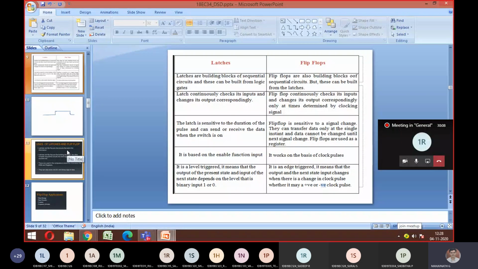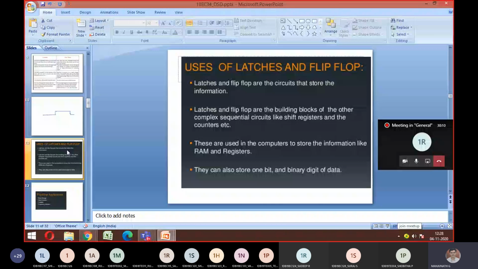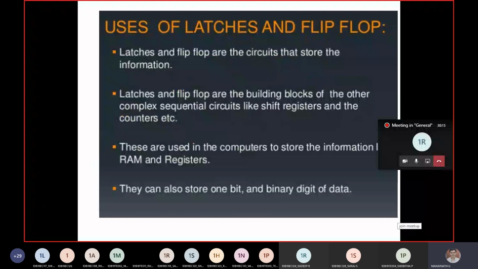So this slide will tell you clearly the uses of latches and flip-flops. Both are used for storing information.